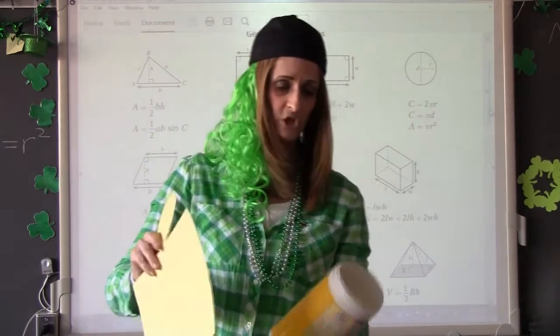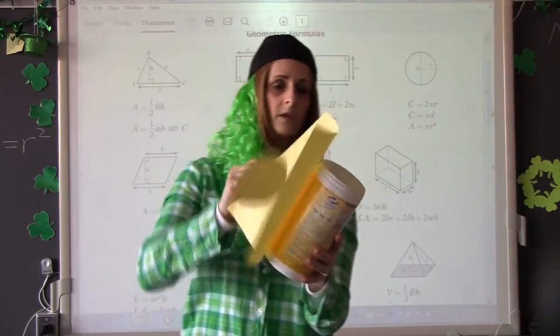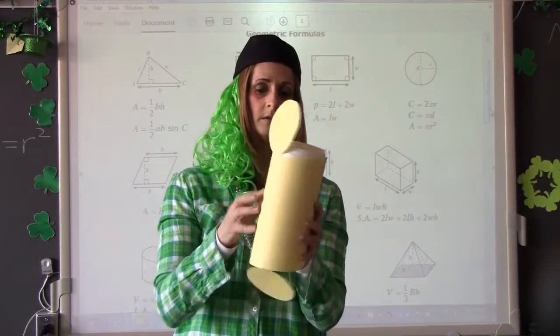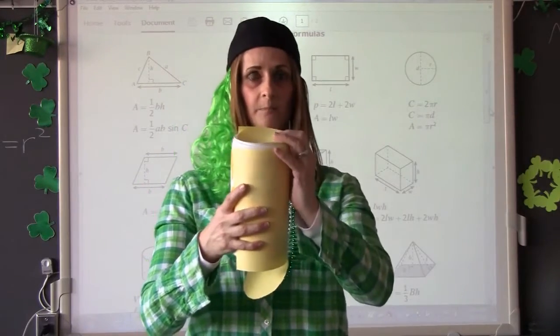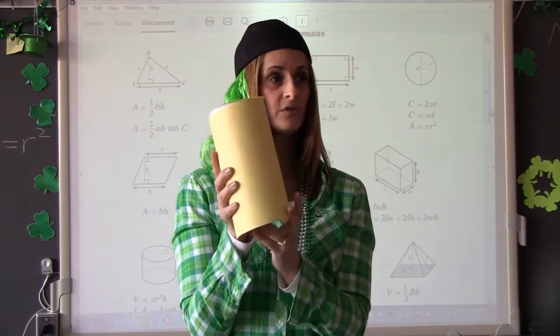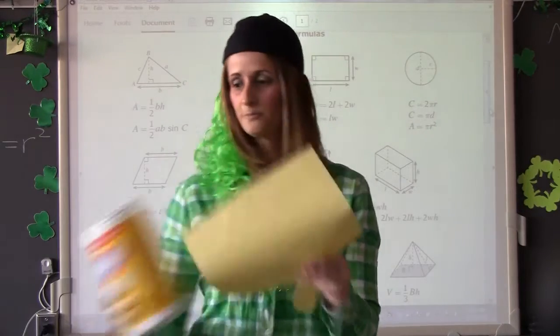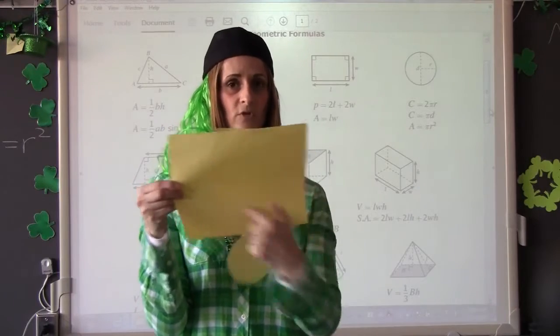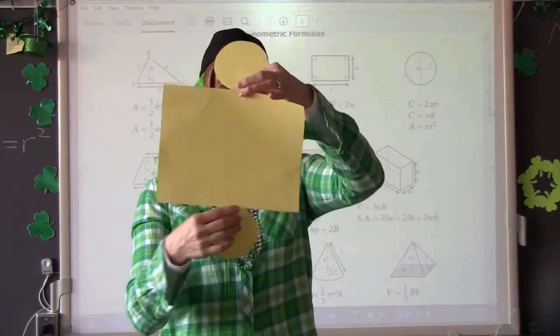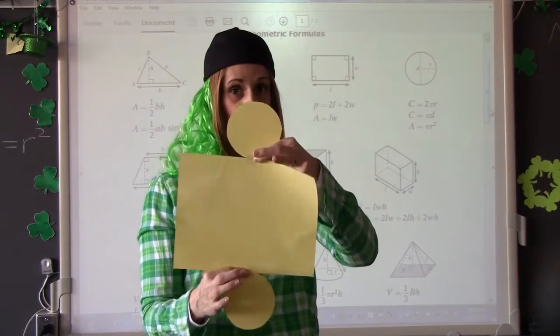Okay, so I'm going to show you with a cylinder. This is a net of the surface area of the cylinder. So in order to find the surface area of the cylinder, we would need the area of this rectangle, which is the lateral area, and also the area of the top and the bottom, which are circles.